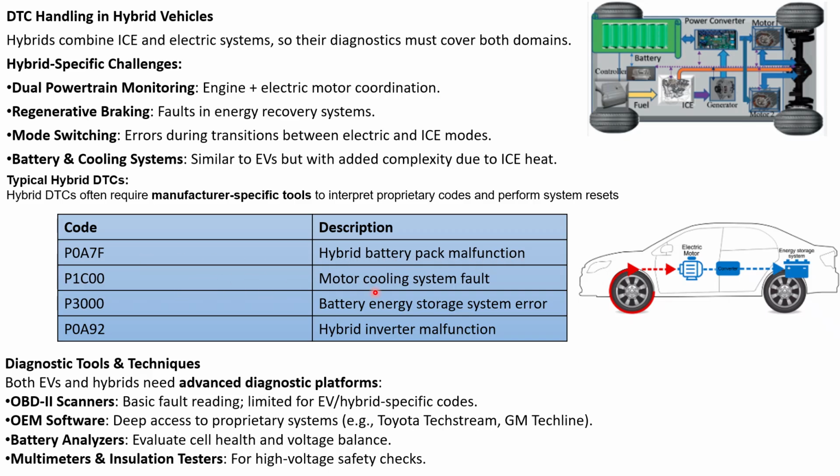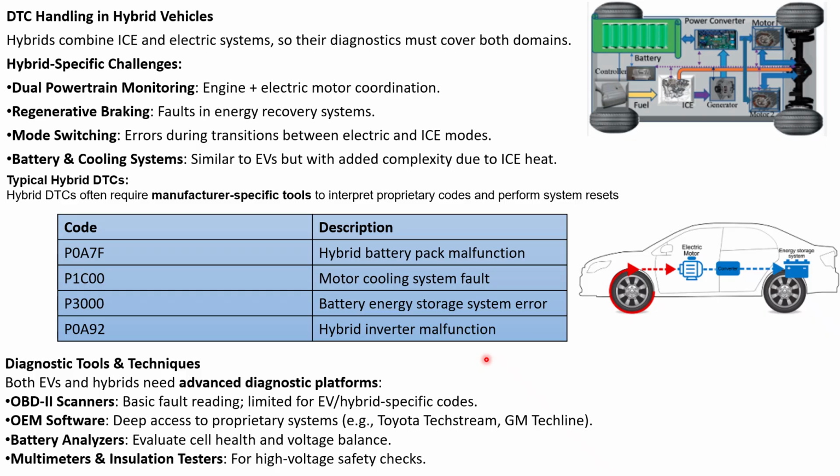P1C10000 means motor cooling system fault. P3000 is battery energy storage system. And P0A92 hybrid inverter malfunction. So these are the various kinds of DTCs that are prevalent in hybrid vehicles.